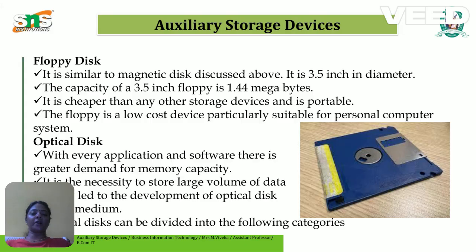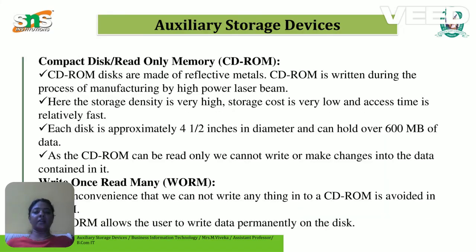Next one is the optical disk. With every application and software, there is a greater demand for memory capacity. So it is used to store a large volume of data and led to the development of optical disk storage medium. It has been divided into the following categories: CD-ROM, compact disk read-only memory. It is made of reflective metals.